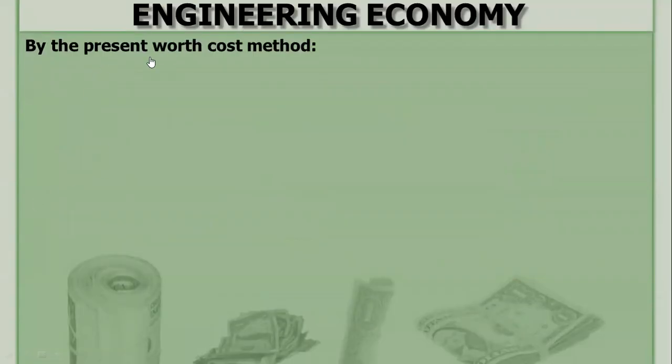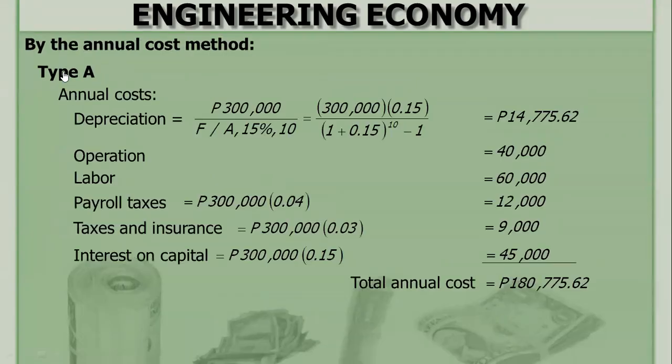Now, by the present worth cost method, okay. Same as the basic methods, depreciation is excluded. So the cost is similar to the annual cost, excluding depreciation. And we do not include interest on capital in the other methods.